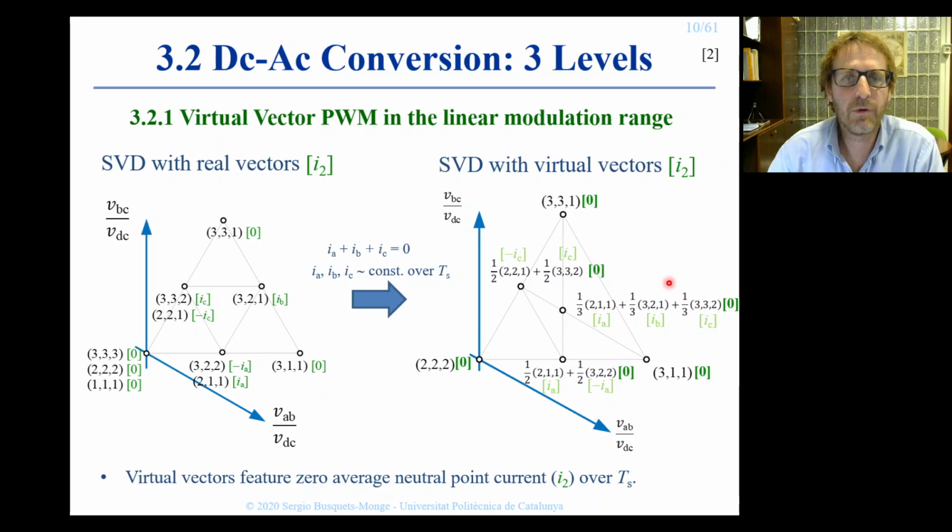And same thing happens for the remaining virtual vectors. So if we use these virtual vectors to approximate the reference vector, we will guarantee that the average neutral point current is equal to 0.